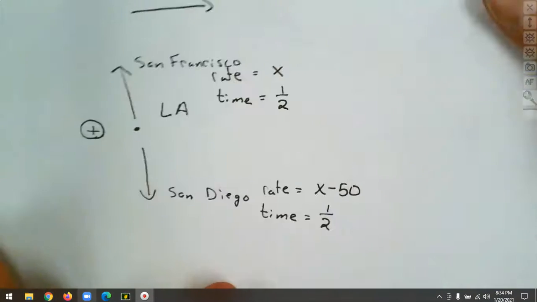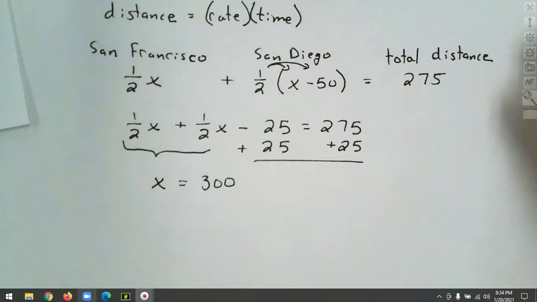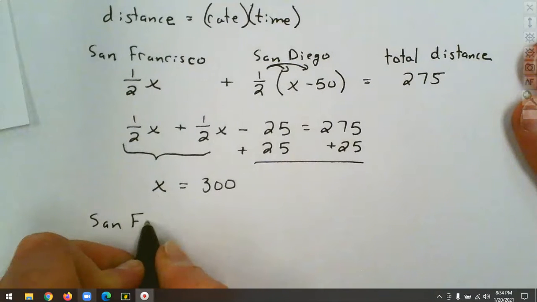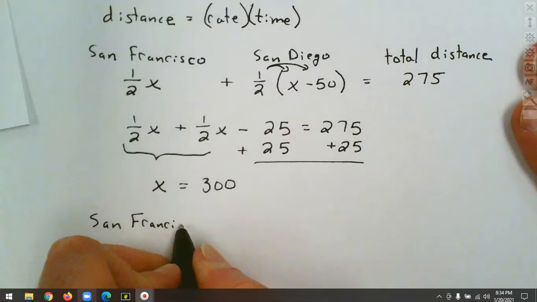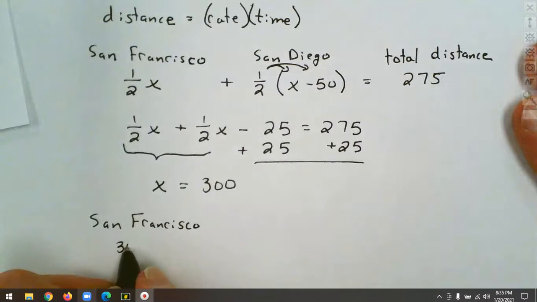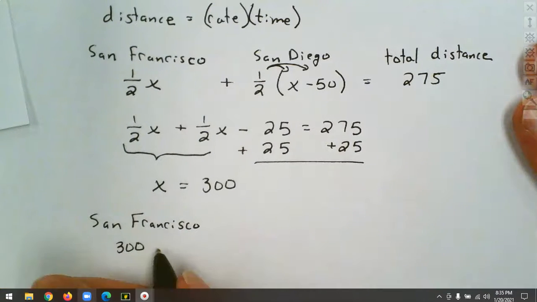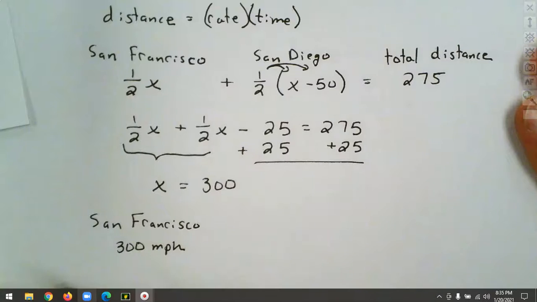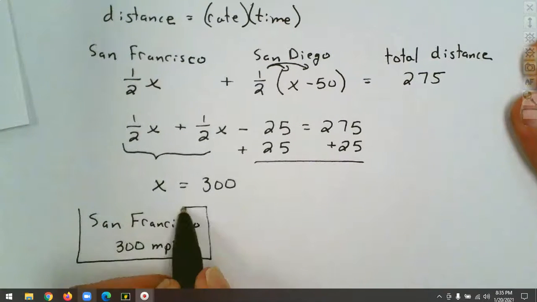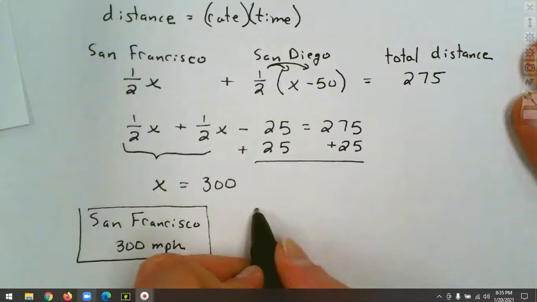So now we can go ahead and get both of our speeds. So we know the San Francisco plane has a rate of speed of 300, and we're going to label that miles per hour. So that's our speed. So that's your San Francisco plane. And what about the San Diego plane?